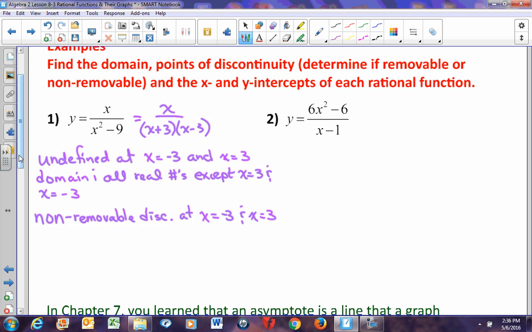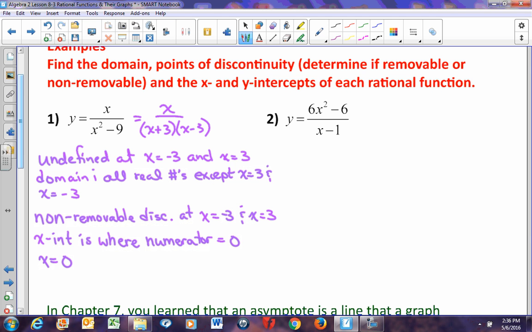And now to find my x-intercept, the x-intercept is where the numerator equals 0. Okay? My x-intercept is where the numerator equals 0. And the only time that the numerator can equal 0 is when x equals 0. If x equals 0, then the numerator can equal 0, so my x-intercept is x equals 0.